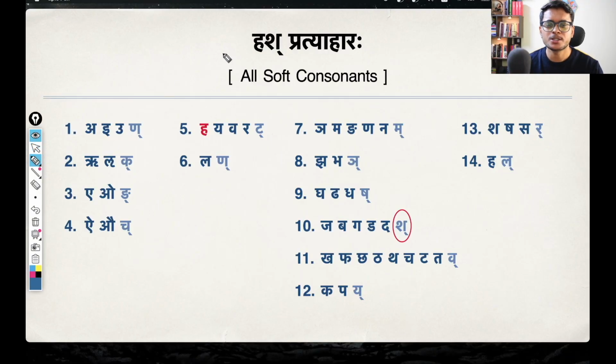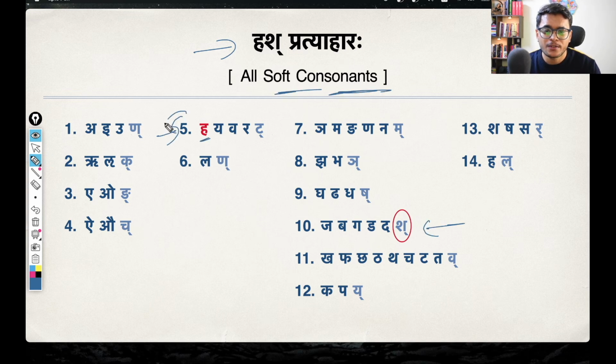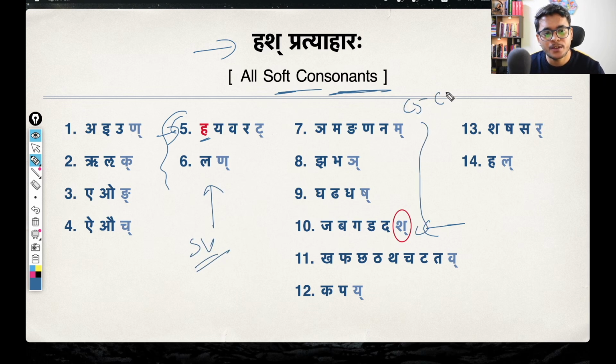Now we see this pratyahara, the hash pratyahara, again a very common popular pratyahara. And hash represents all the soft consonants. So you can already see that 5 and 6 represent the semi-vowels, and up till here it represents C5, C4 and C3, that is the third, fourth and fifth Vargiya consonants. So the semi-vowels and C5, C4, C3 together represent the soft consonants, the Mridu Vyanjana.